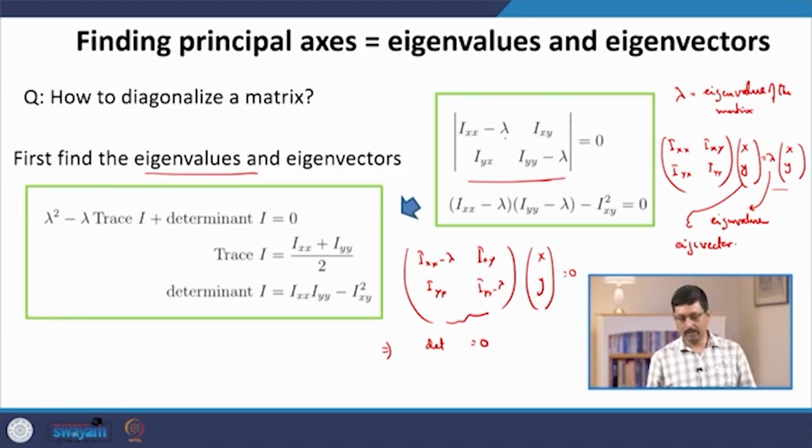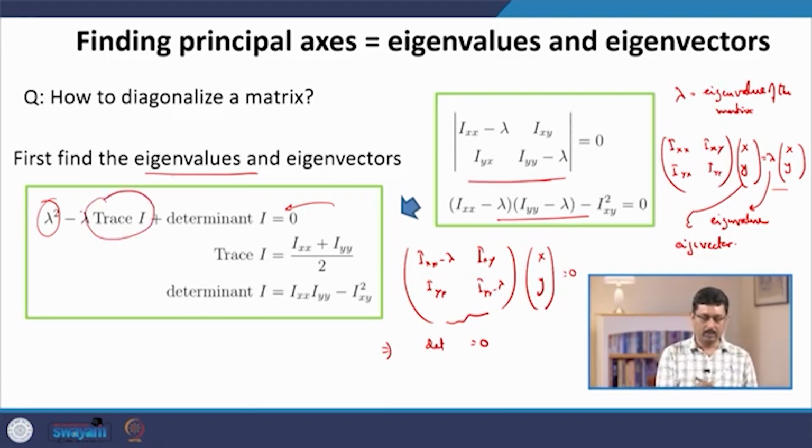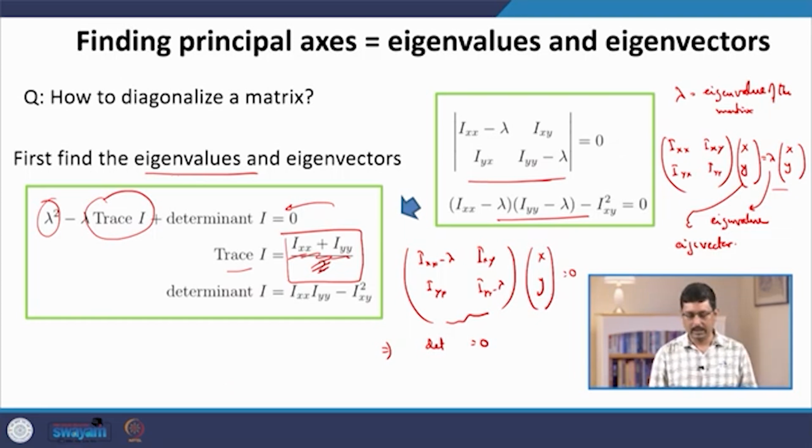And then if you apply the determinant formula, you get this equation. I write this equation in words to emphasize that if you expand this, you get a quadratic equation where the coefficient of lambda square is 1, and the coefficient of lambda is this particular quantity. There is a mistake, there is no division by 2. This is the trace, which is an invariant under the transformation.